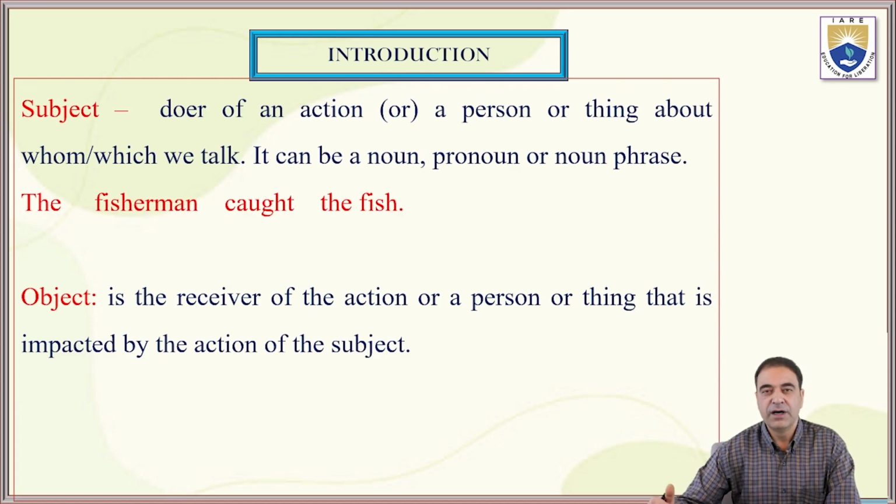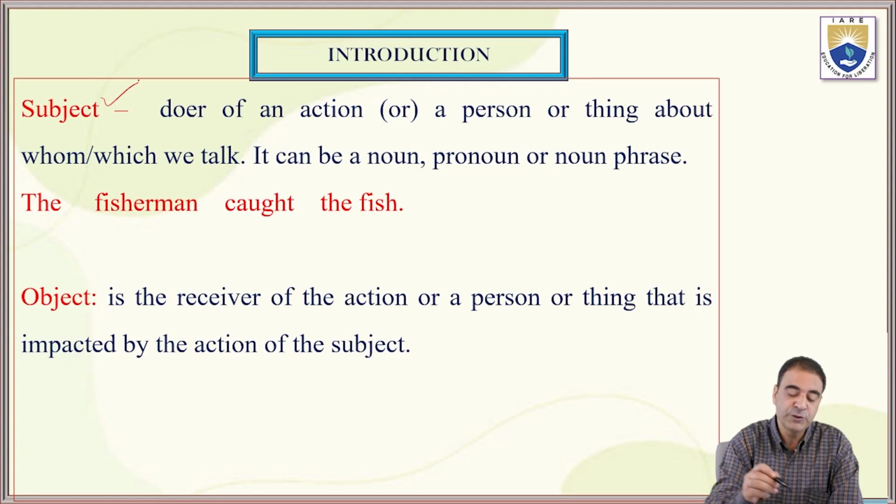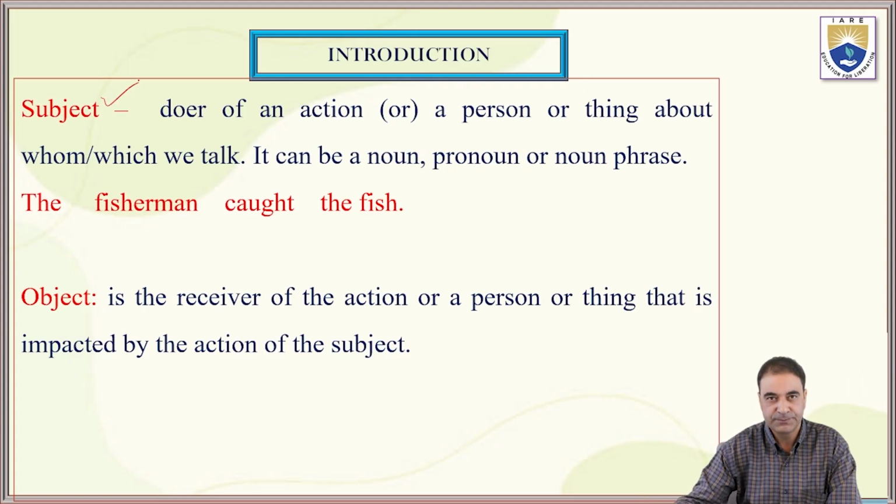Now, before we move to the rules of conversion, I would like to talk about what is subject and object. First of all, you need to understand what is subject in order to understand active voice and passive voice. Subject means doer of an action, or a person or a thing about whom or about which we talk.